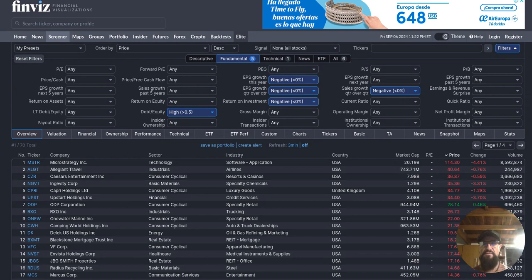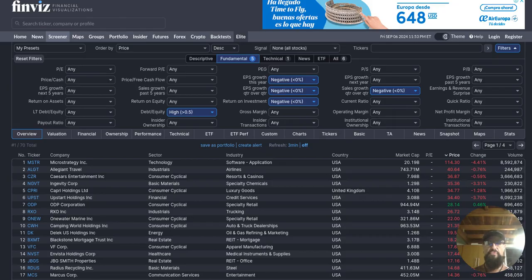So here, this is a stock screener. Now, before I even say anything, do not buy or short sell a stock because I'm saying to do so, nor anyone on the internet.